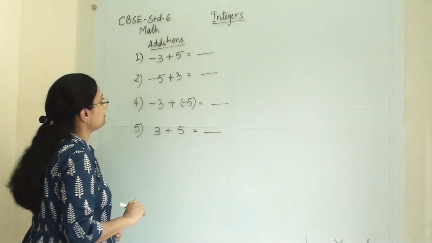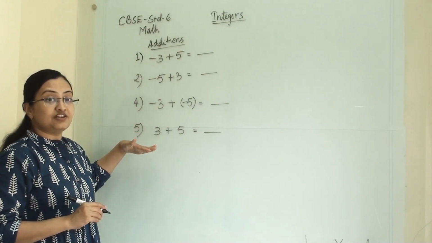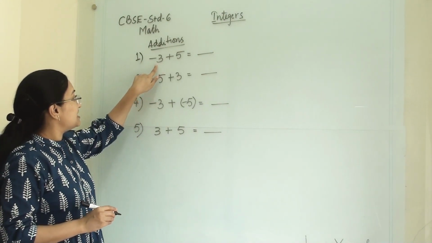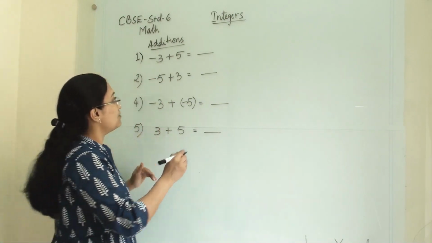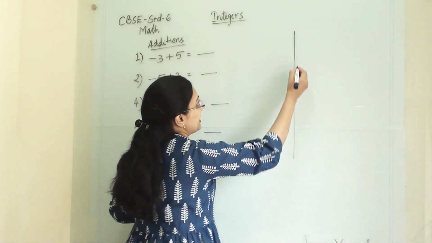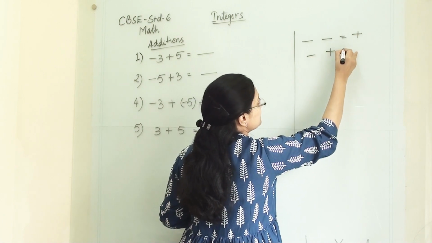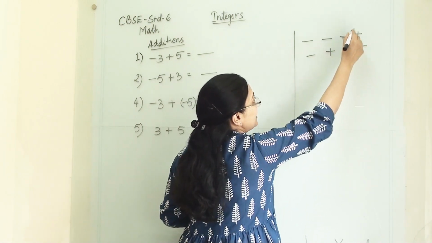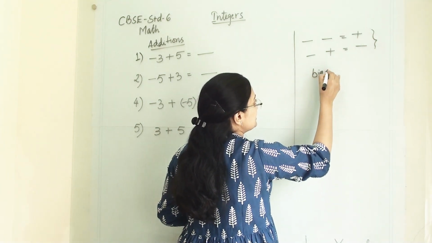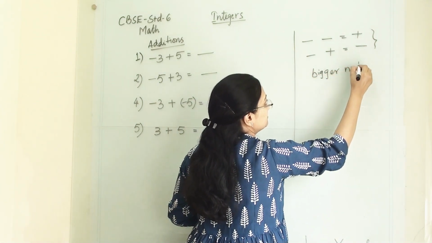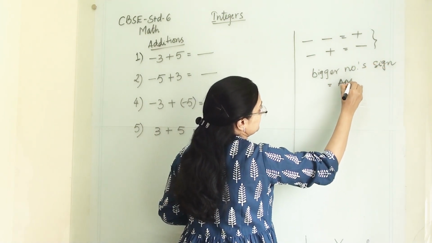Simple. So here this will give us different results because the signs of the numbers keep on changing. Now we know all these rules: minus minus will become plus, minus plus will become minus, and whenever we do this operation, the bigger number's sign will come with the answer.